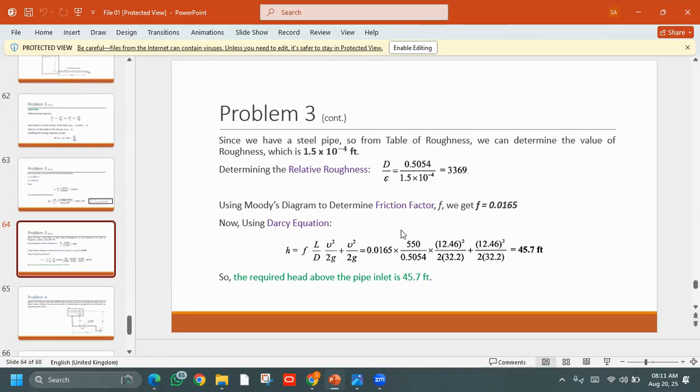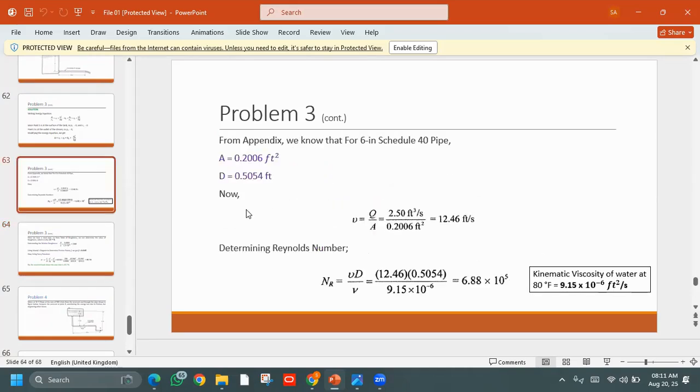So let's find out the value of friction factor F, which can be calculated from the value of D over E, the relative roughness, and the value of Reynolds number. What we need to do is write down both values on the Moody diagram and calculate the value of friction factor F.